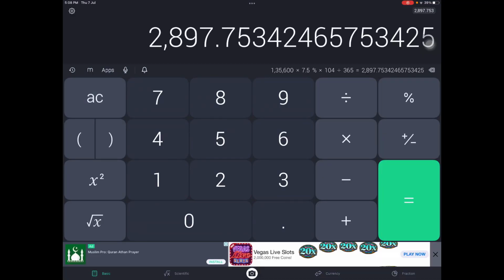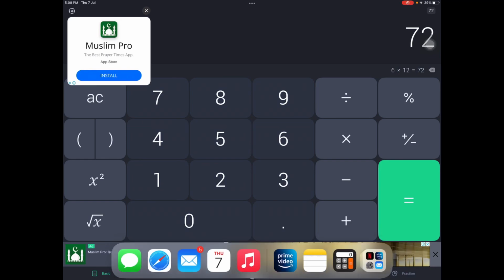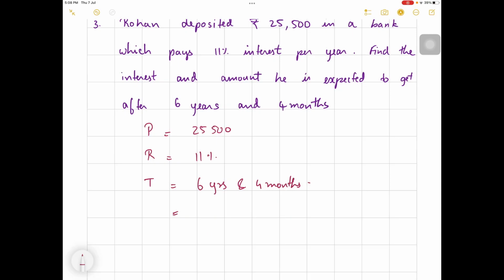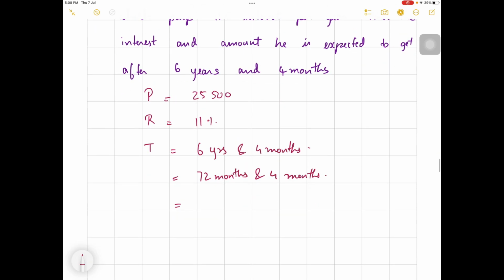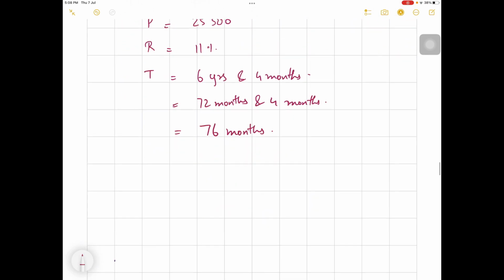So 6 years means 6 into 12, 72 months. 6 years is 72 months and 4 months. 72 plus 4 is 76 months. So principal is 25,500, rate of interest is 11%, term is 76 months.